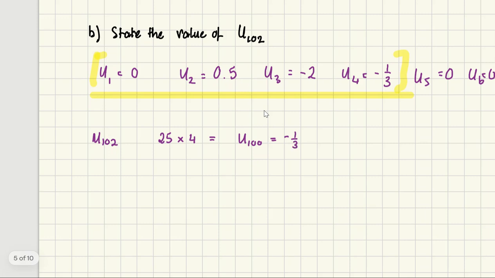Because there was one like this that my upper sixth did, but it was more like the sum of the sequences. So they had to break it up into, well, what do these add up to? And then break it up to figure out. So the idea is you find the nearest one that you know and then go, okay, well, U101 must be 0 and U102 must therefore be 0.5, or a half.